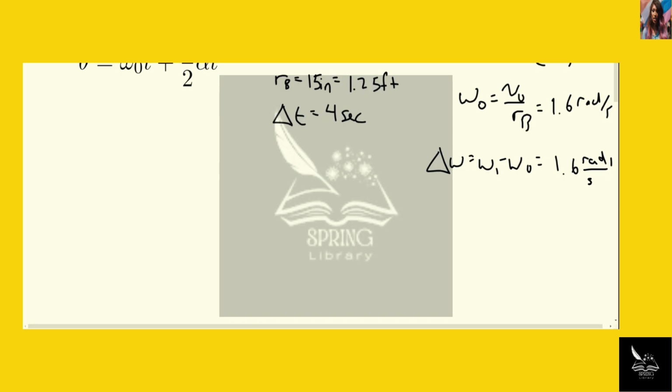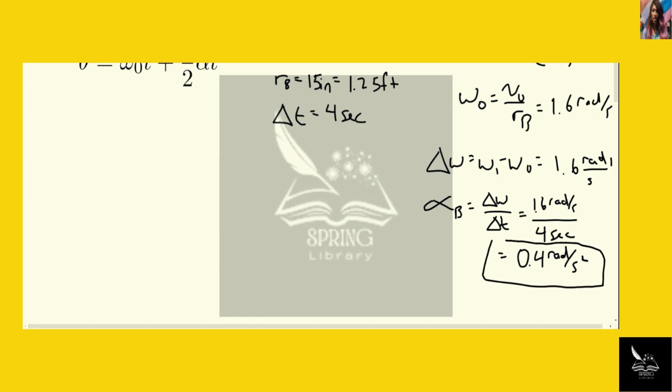And so now we have the angular acceleration of B is equal to delta W over delta T. We know that this is 1.6 radians per second over 4 seconds, which is equal to 0.4 radians per second squared. And that is our answer.